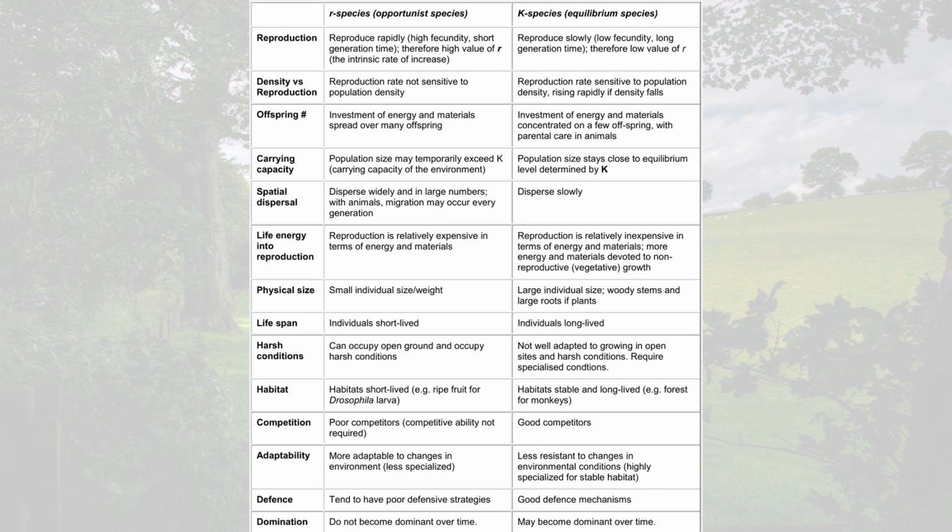So they are generally called equilibrium species, and they possess very stable populations and tend to produce a relatively low number of offspring, but the individual offspring tend to be quite large in comparison to the R selected species, and they have long gestation period and very slow maturation, and they have long lifespans, and their mortality rate is also very low.